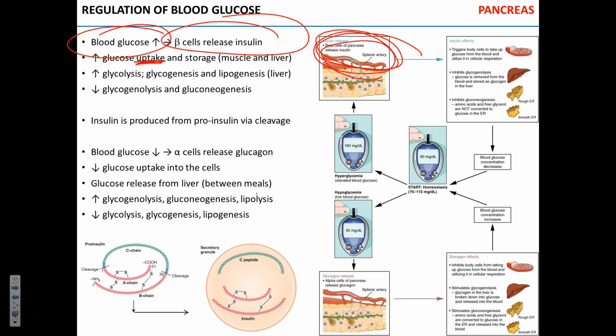Store it as fat, but not before you fill up your other storage. What other form of glucose storage do you know? Glycogen. So first you make ATP, then you store glycogen, and then you store it as fat.